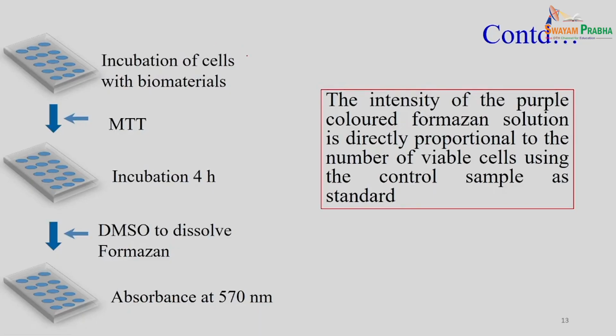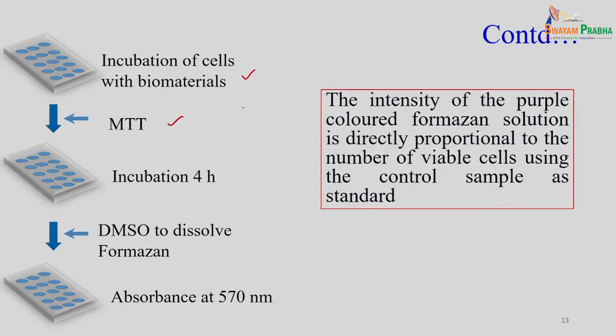cell viability. So, we incubate the cells with the biomaterials, then after certain time intervals, 1 day, 3 days, 5 days, 7 days, we add the MTT, then we incubate for 4 hours for the formation of formazan crystals. Then we dissolve the formazan in a solvent like DMSO and measure the absorbance using a multiplate reader.